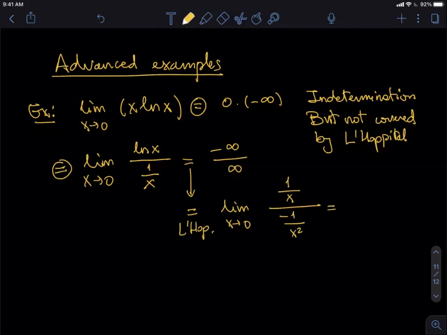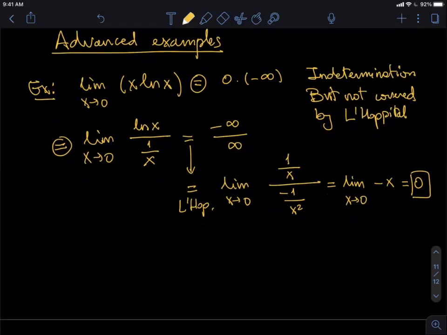And if I simplify all this, what I get is the limit as x tends to 0 of negative x, because the x squared in the denominator goes to the numerator. So I get negative x, and then the limit as x tends to 0 is 0. So no problem anymore.